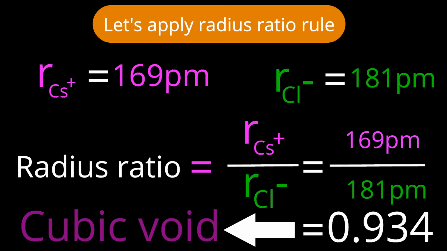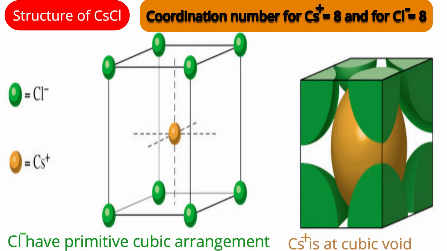These are our theoretical calculations. But let us see how the structure of cesium chloride actually is. Whatever we found theoretically by the application of the radius ratio rule, is it valid? Let us see. Here is the structure of cesium chloride.